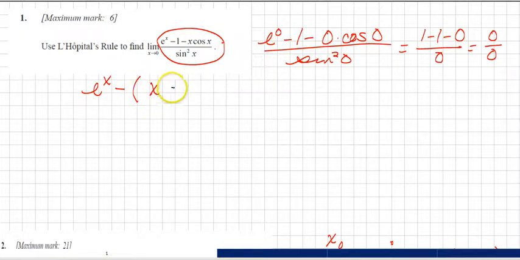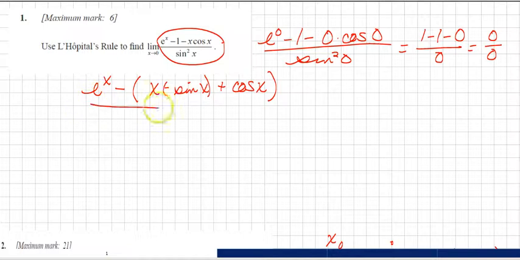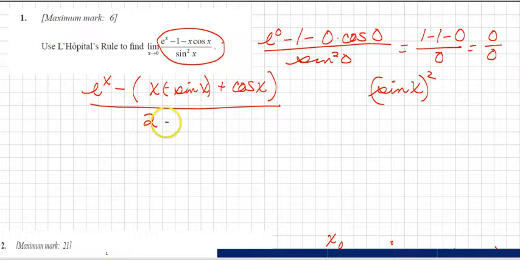First is x, derivative of second is negative sine of x, plus the second, cosine of x, multiplied by the derivative of the first, which is 1. And that's all over the derivative of the denominator. Well, sine squared x is the same as sine of x quantity squared. So we use the chain rule by moving the power down front. So it's 2 sine x times the derivative of the inside, or the parentheses. Well, the derivative of sine is cosine.